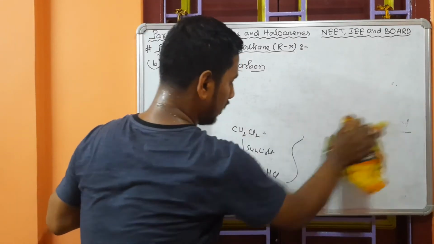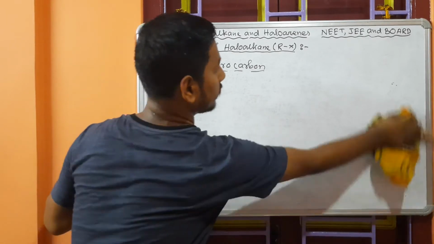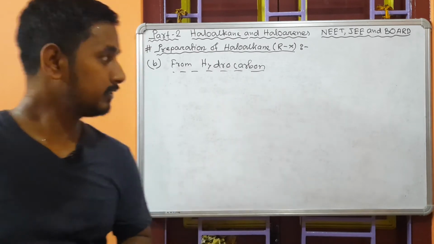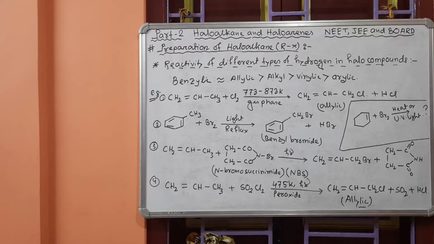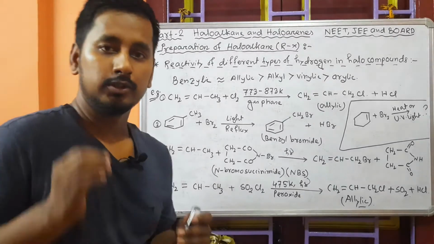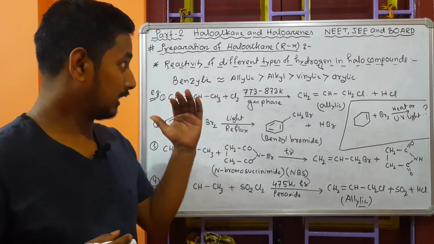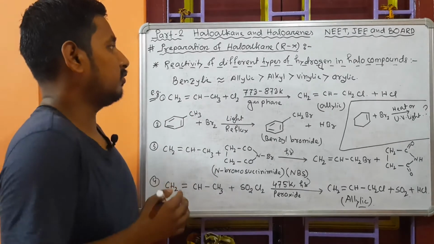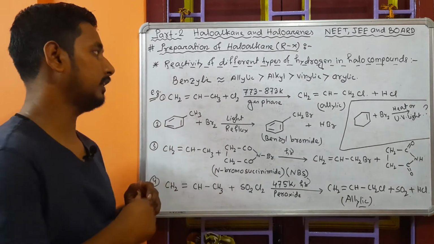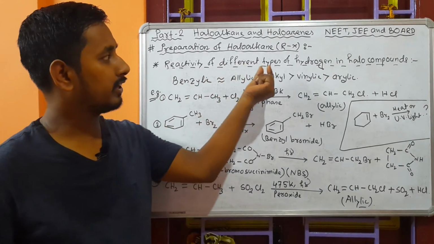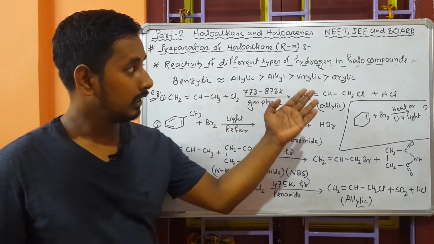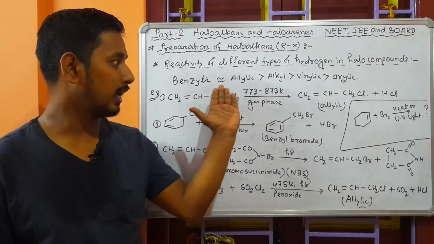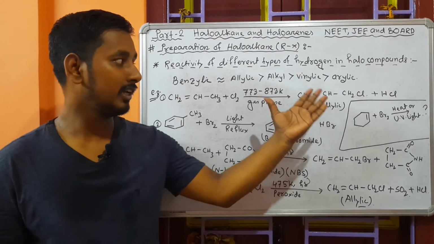So after that, the second part, this is actually from hydrocarbon. So the third preparation of haloalkane from hydrocarbons, before we start we have to understand the reactivity of different types of hydrogen in halo compounds. See, we know about benzylic, allylic, alkyl, vinyl and aryl.